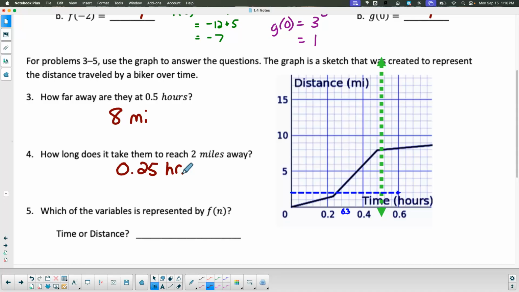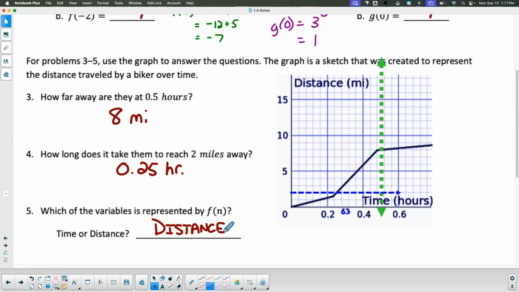On a graph, is our output horizontal or is our output vertical? Vertical. So what's our output? Distance. Yep, so distance. Questions on that one?